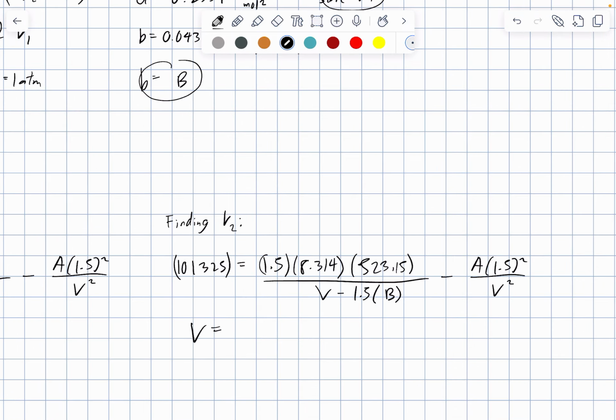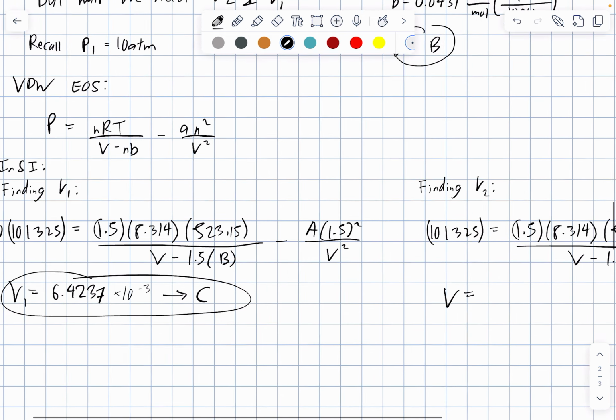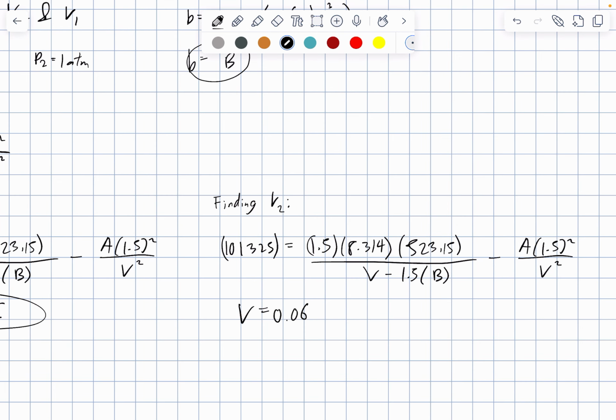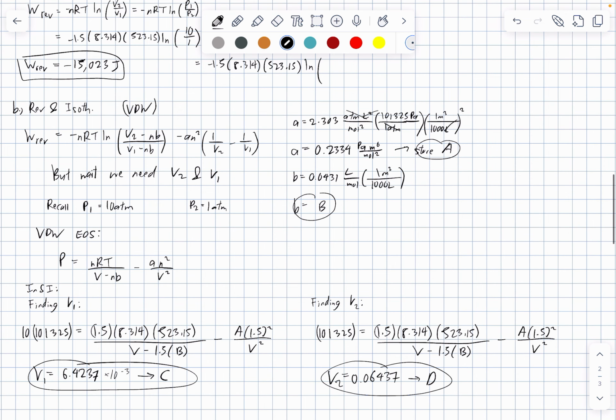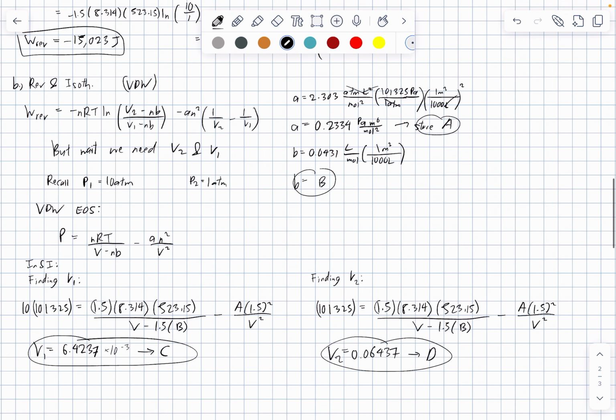So the answer here is 0.06 something something. There. We'll store this as D for convenience. Okay, so after that we now have V1 and V2.